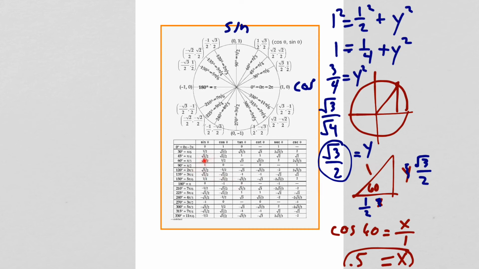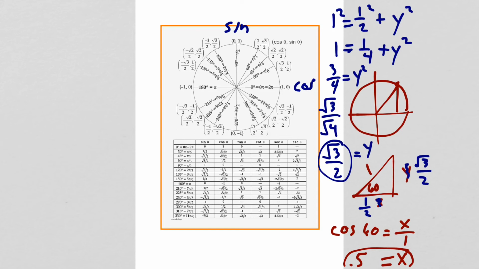The sine is right here at radical 3 over 2, just like we would have found by drawing the triangle. So this chart is to help save some time. You don't have to draw the triangles. The triangles are already there. They're already created with what their values would have been.